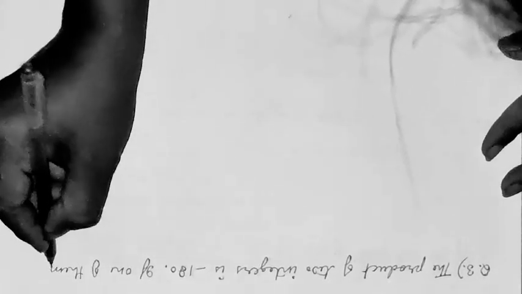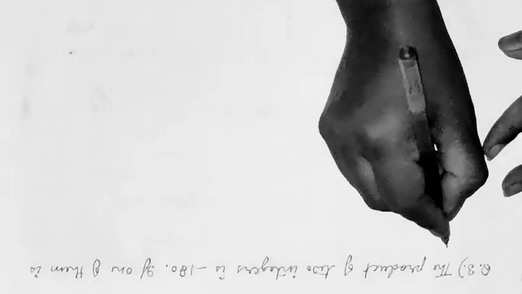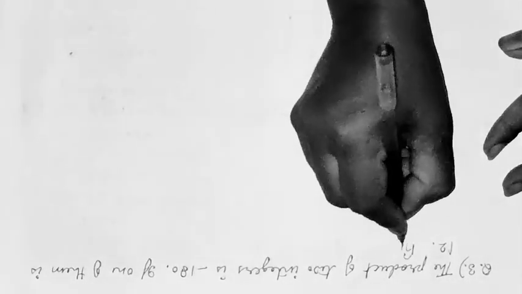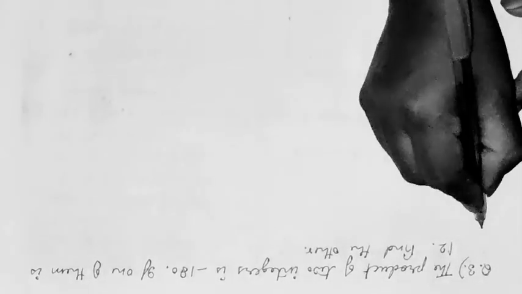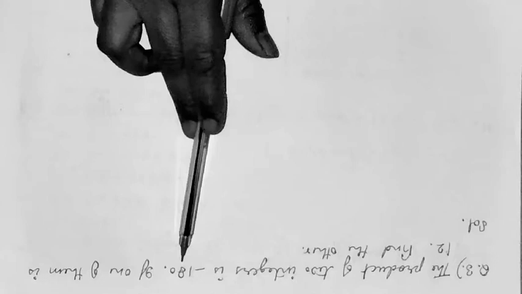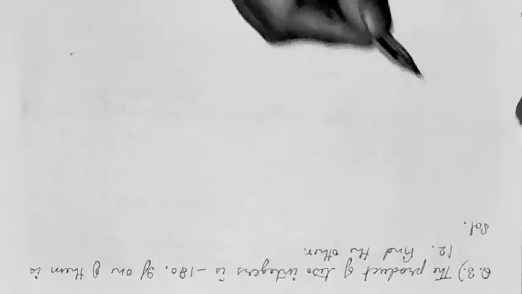If one of them is 12, find the other. Now class, in this question we have been given the product of two integers, and the product of two integers is given as minus 180. One integer is given as 12. We have to find the other integer.